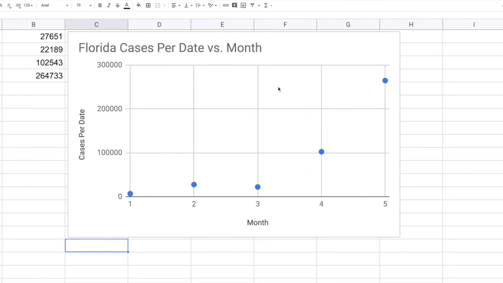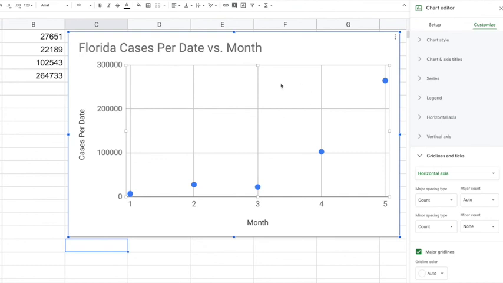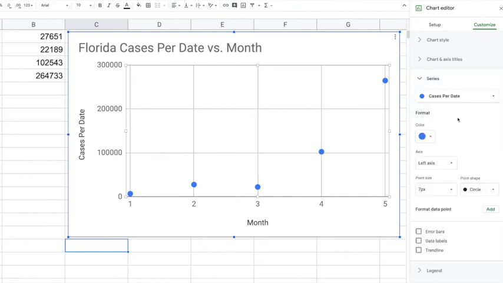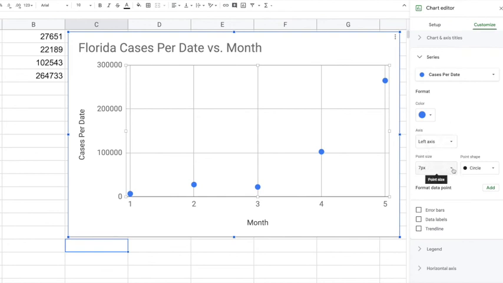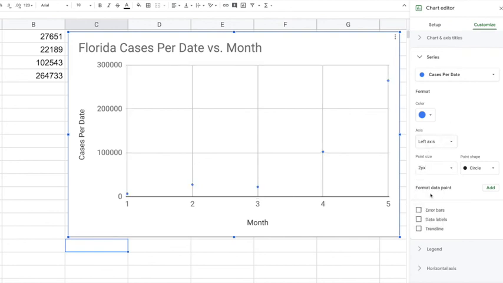So to get the trend line in, if you lose the picture, just double click it. Over here to the side, choose series. You might want to change the size of these points down to the smaller version. If not, you don't have to. My next example, I'm going to have to, because North Carolina gave more data than Florida did. Literally, the only data I could find for Florida was monthly totals.